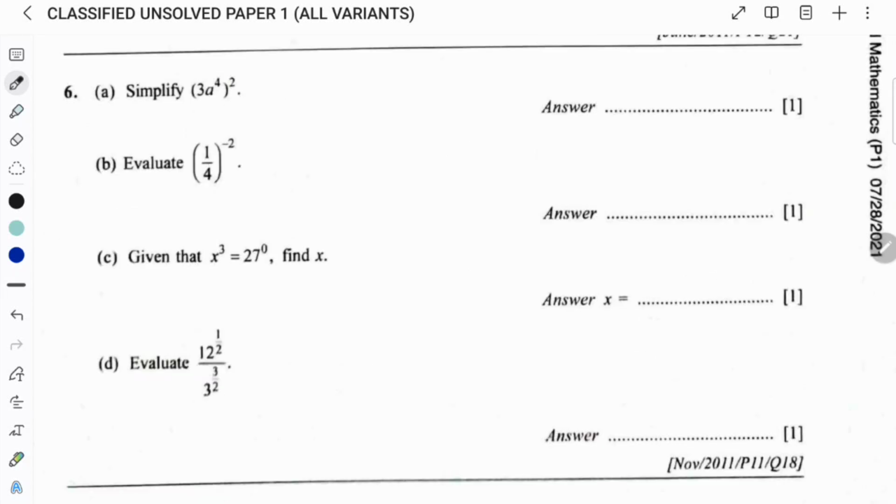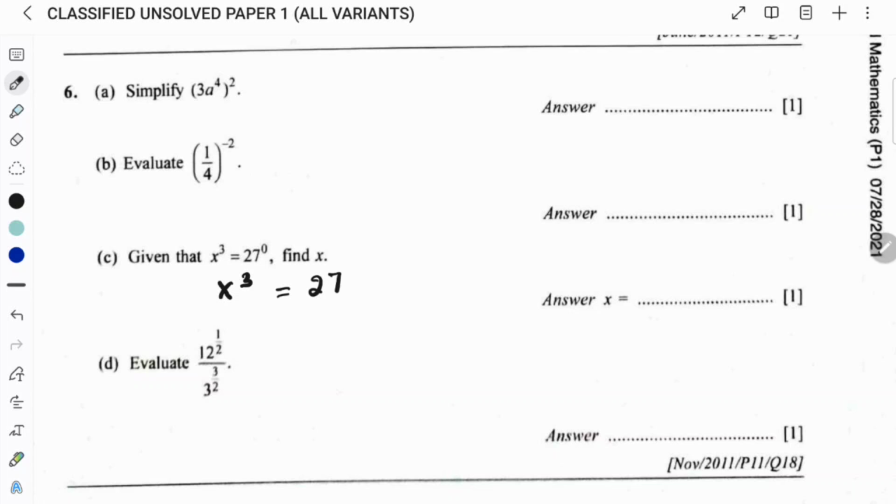All right, for these questions it's easy. I'm doing the C part. x cubed is equal to 27 to the power 0. Any number to the power 0, you know the answer is 1. We know that it is 1.